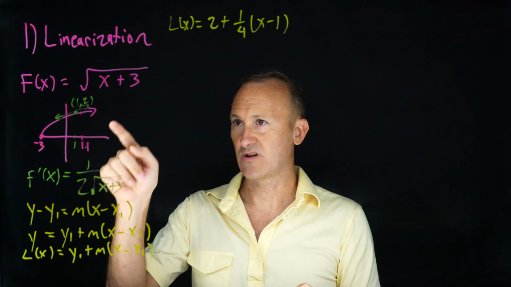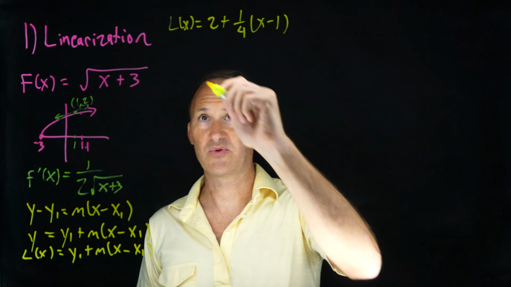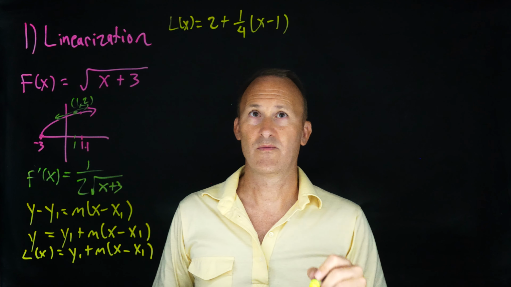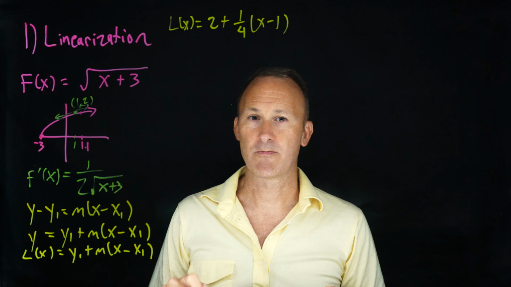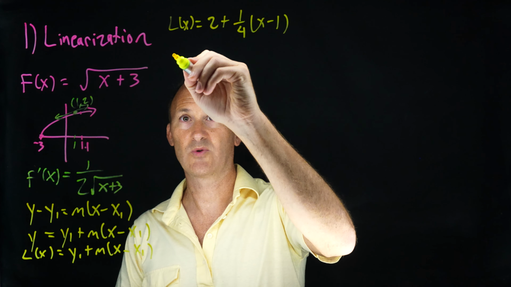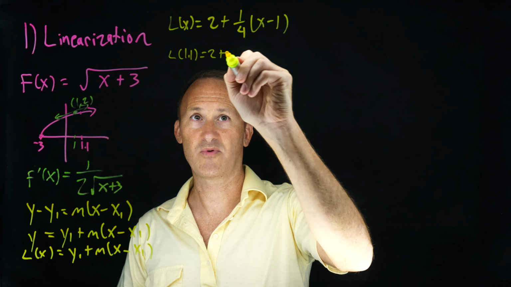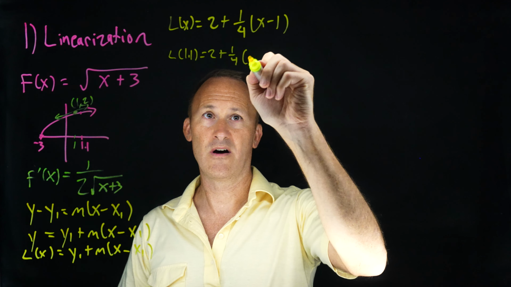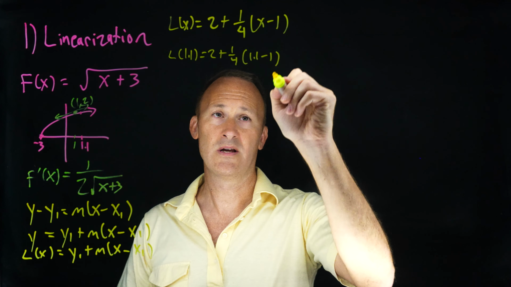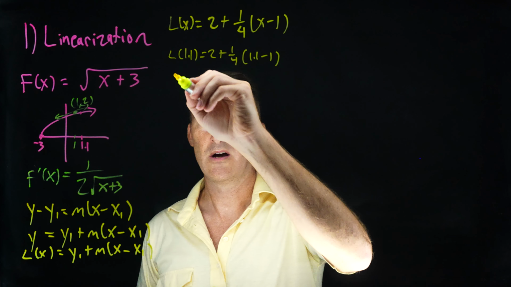So to get that, what we need to do is simply plug in what? It should just be 1.1, what we want. So L of 1.1 is 2 plus 1/4 of 1.1 minus 1. And then let's go ahead and do the computation to figure out what this should be.